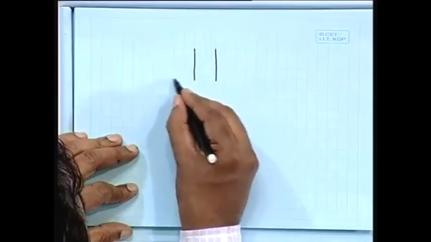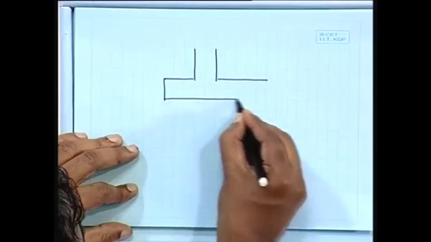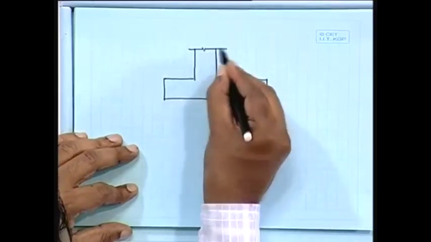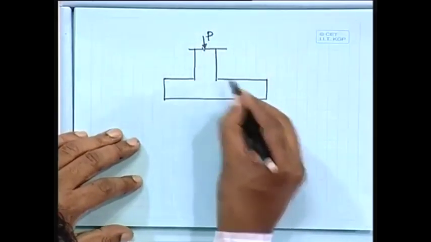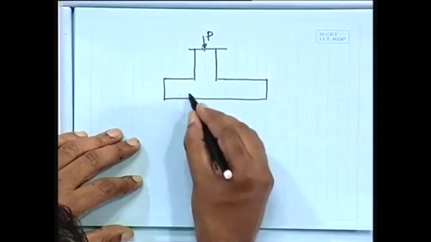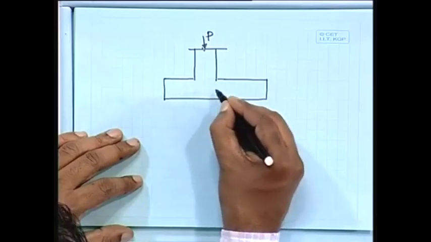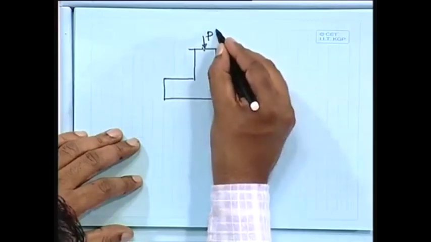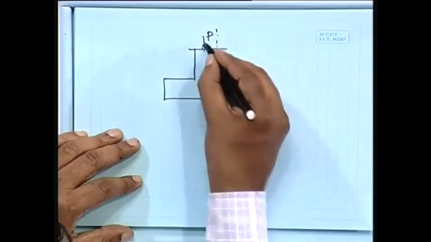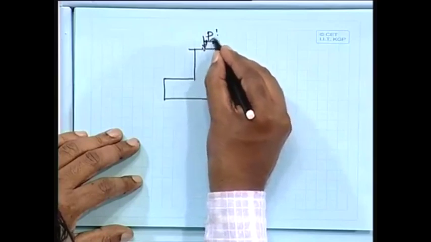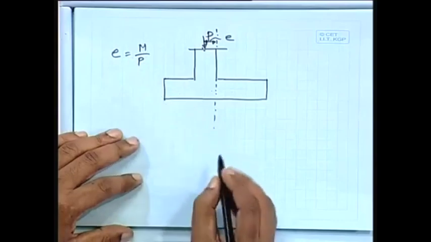Okay, so this is your P, and as per my drawing, I can have this is your E. So E equal to M by P, and then what we shall get?